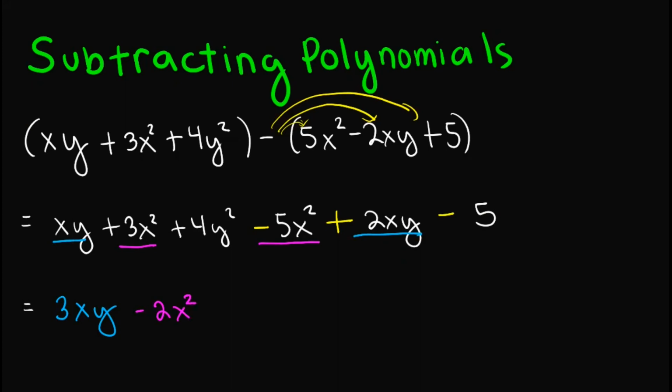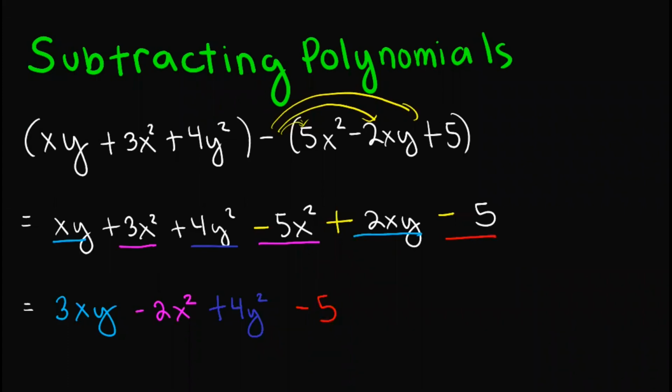And how about for this one? For 4y squared, observe that it doesn't have any like terms in this whole algebraic expression. And so, simply bring that down, 4y squared. And the same goes for negative 5, since there's no more constant. So we just write negative 5. And that is the answer.